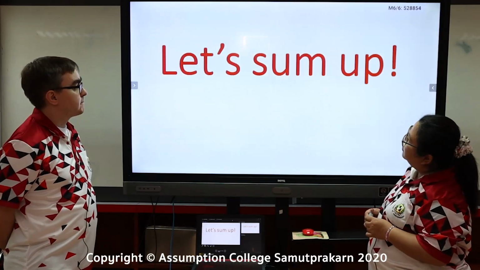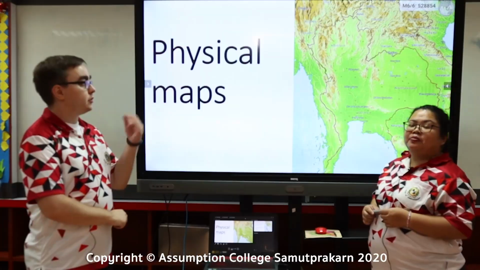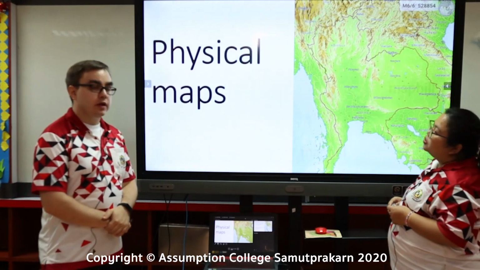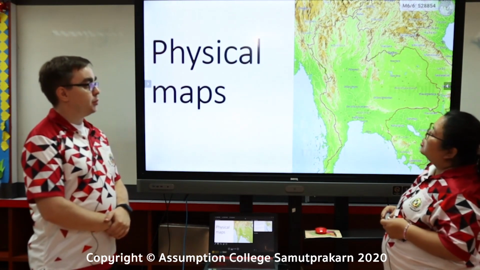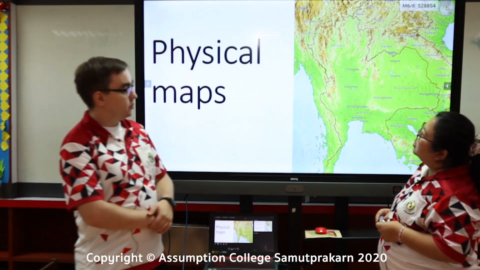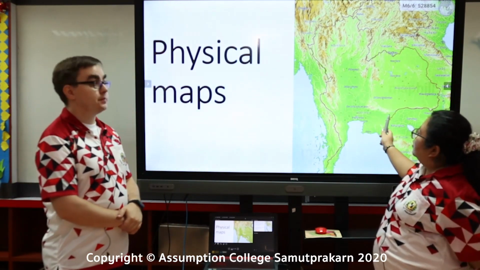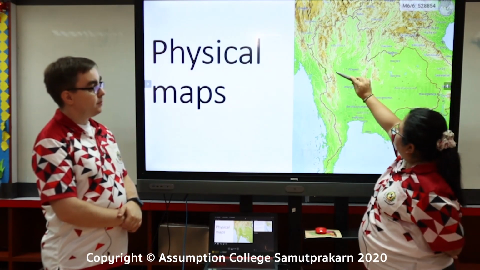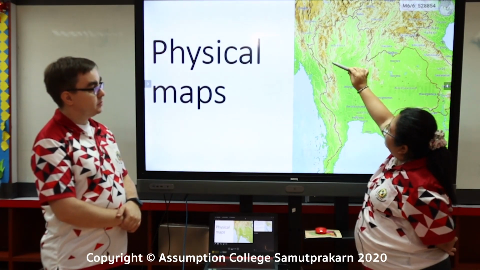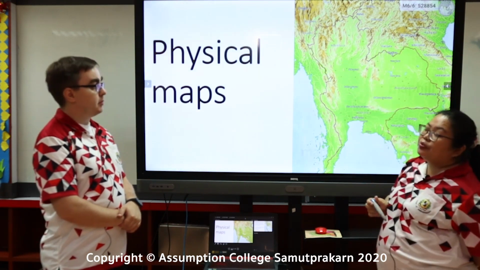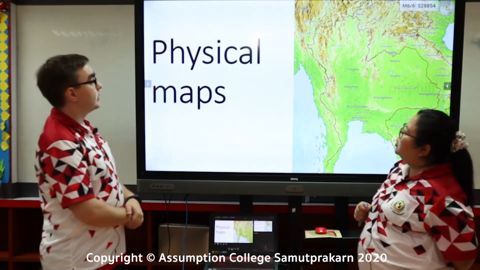Okay, next. Now let's sum up. Let's talk about physical maps. As you can see, they are somewhat different from topographic maps. They do not show you contour lines. Instead, they use colors. But physical maps will show landform features, like topographic maps, but in a different way.